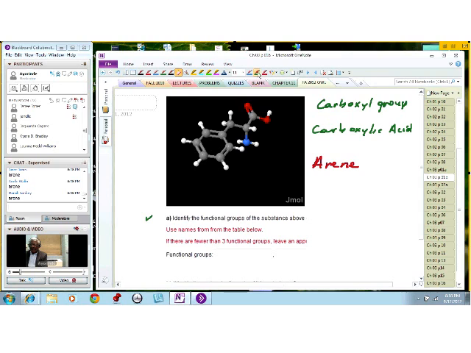Now can anybody identify this class of compound right here? Keeping in mind that this is nitrogen. The blue is nitrogen. Yes, amine, very good. That is amine.